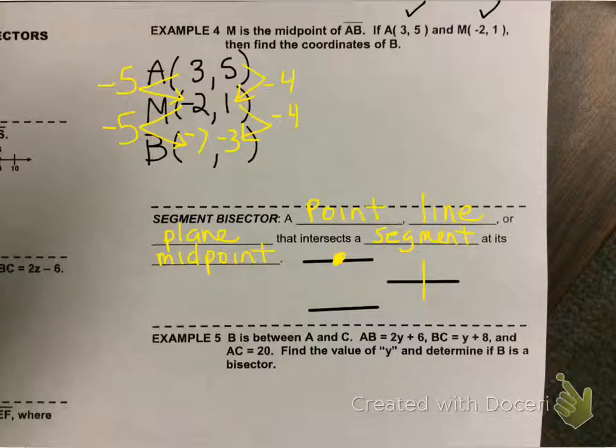Like if I took a line and stuck a sheet of paper through that line, that would be a midpoint, a plane. Now, all 3 of these go through the midpoint. This defines a segment bisector instead of just using the word midpoint. So any of those 3 things.